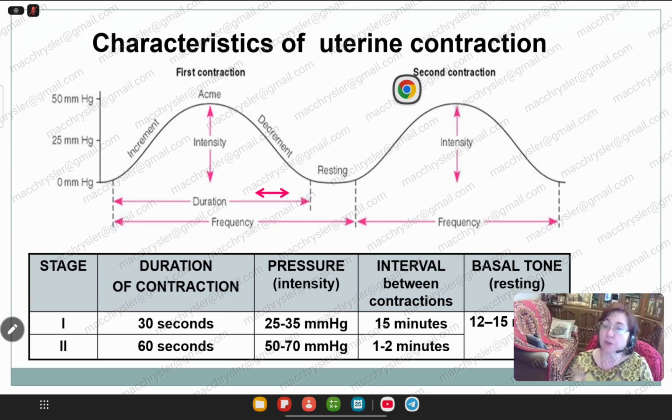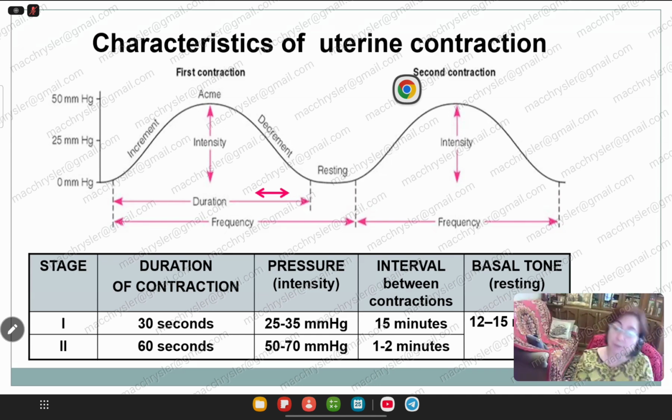During contraction, the maximum peak intensity might reach 35 millimeters of mercury in the first stage, or even 70 in the second stage, because the intensity increases with the stage.